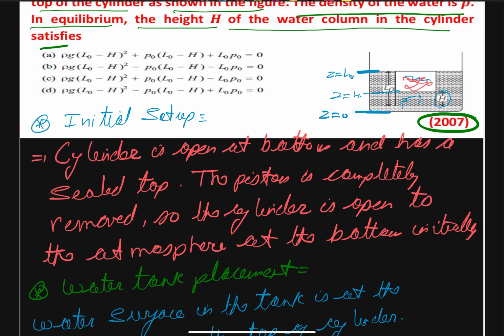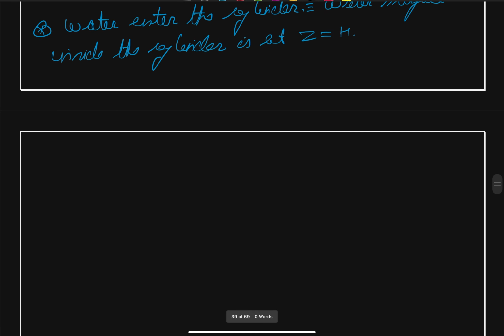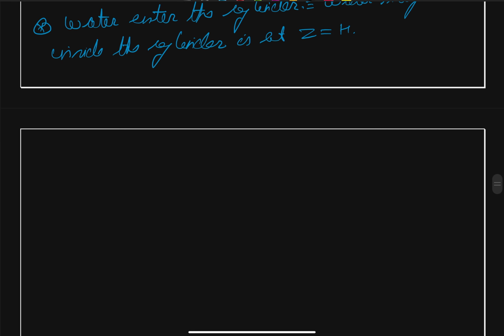First will be the volume occupied by the gas or air at the atmospheric pressure, and second will be the volume occupied by the water of height h. Because we can divide this cylinder into two parts. When water was not there, the entire thing was occupied only by the air. Now with the presence of water we can divide into two parts. First will be our air and second will be our water.